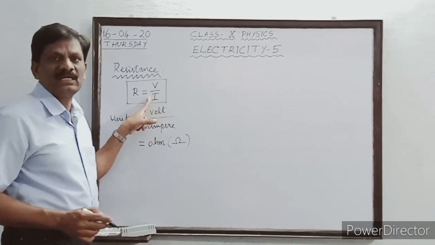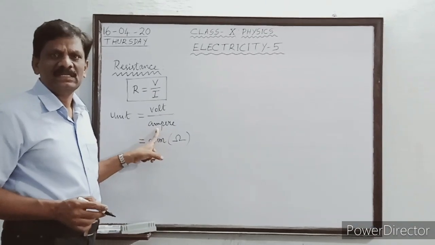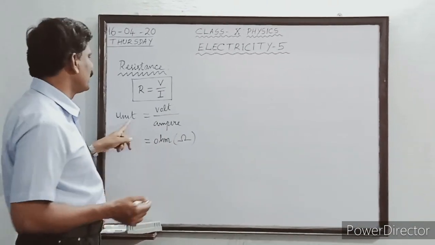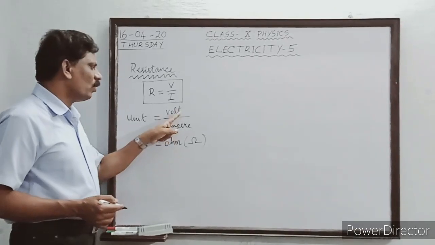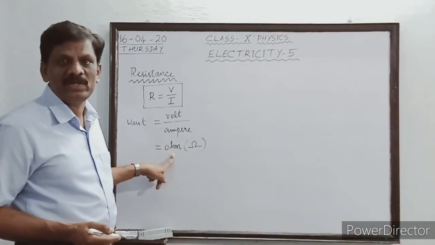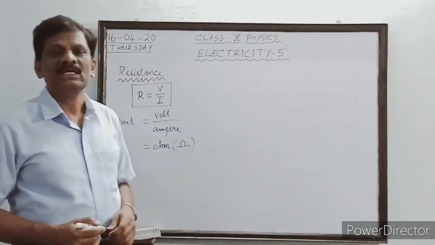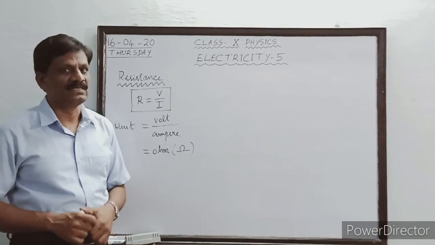I means electric current and its SI unit is ampere. So what must be the unit for resistance? It must be volt per ampere. But another unit is there, I told you, it is ohm. Good. So ohm is the unit of electrical resistance.